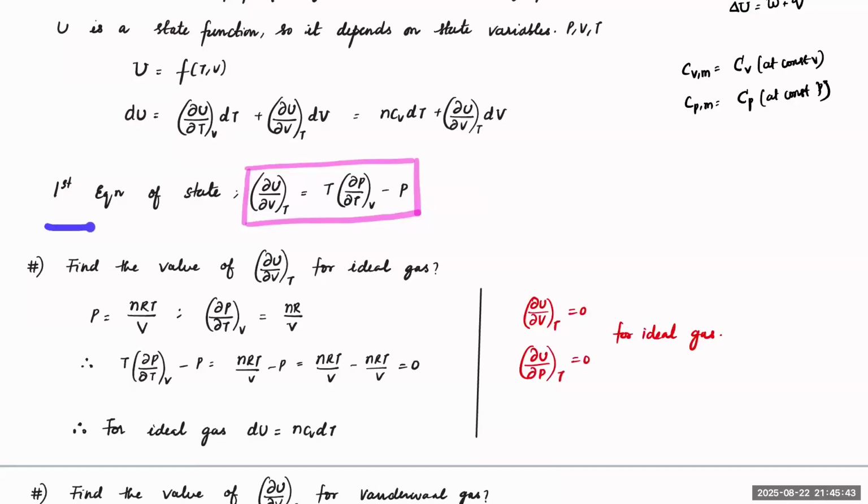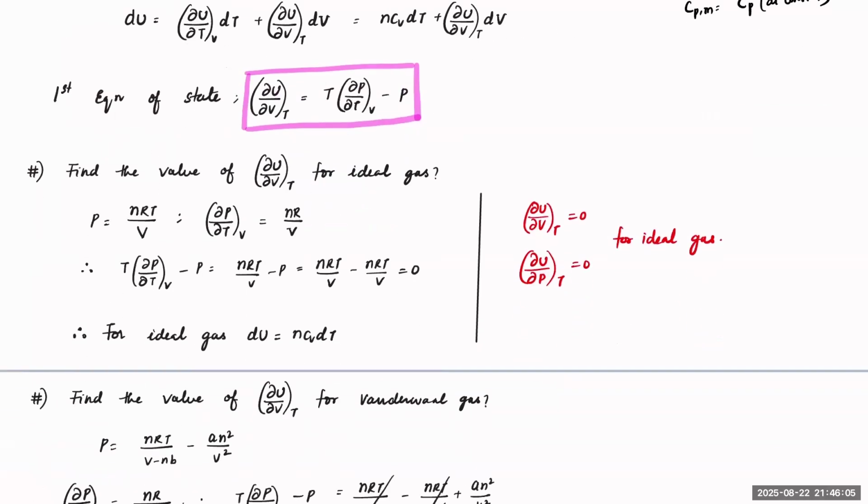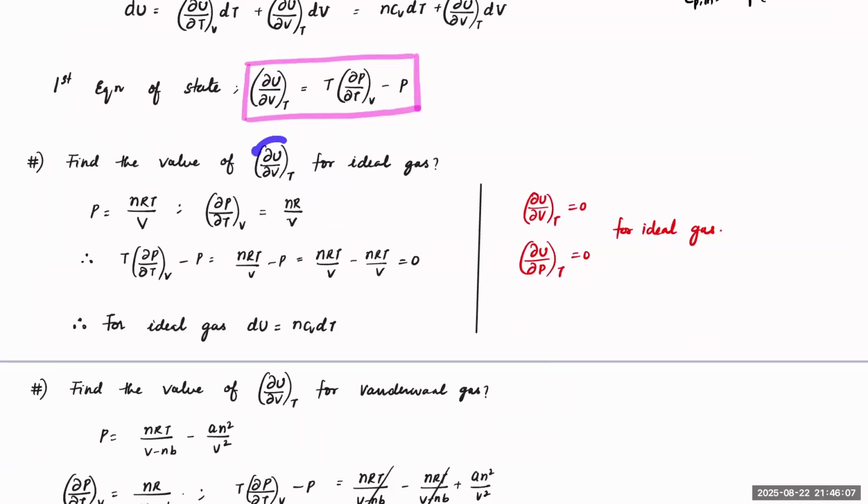So this is called the first equation of state, which expresses internal energy change with respect to volume at constant temperature, and it can be written in terms of temperature and pressure this way. Let's try to prove this. Find the value of du by dV at constant temperature for an ideal gas.